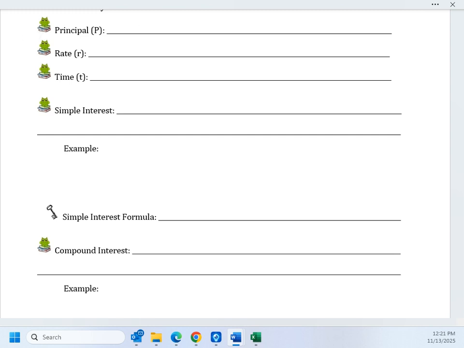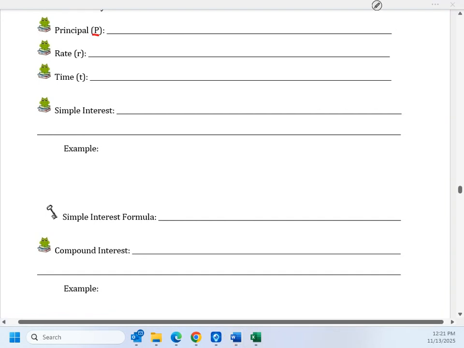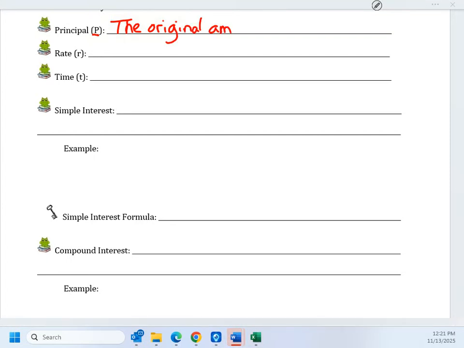So the principal, which is the P, is the original amount. What you took your loan out for, the deposit you made in the bank. That original amount. The rate is the interest rate.